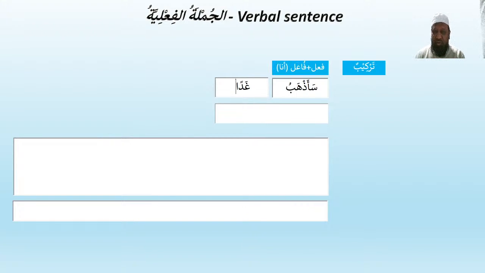So the تركيب is سأذهب: فعل، فاعل، غدا. Because it's not مفعول به, it is giving us the meaning of time, tomorrow, so it will be مفعول فيه. And the translation is: I will go tomorrow.